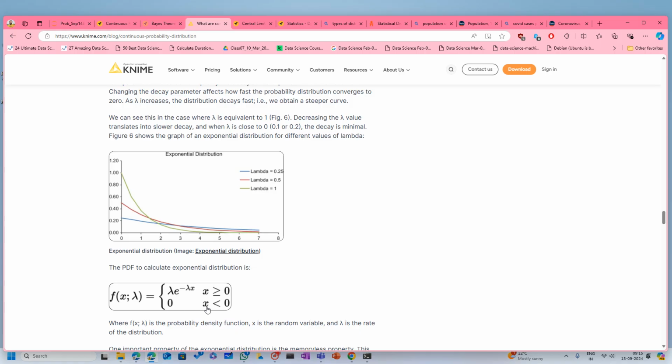If you substitute the x value here, e to the power of 0 is 1, and 1 into lambda is lambda. So we are calculating lambda at x equals 0, and if x is less than 0, then this becomes 0. If x is greater than or equal to 0, then it becomes lambda.